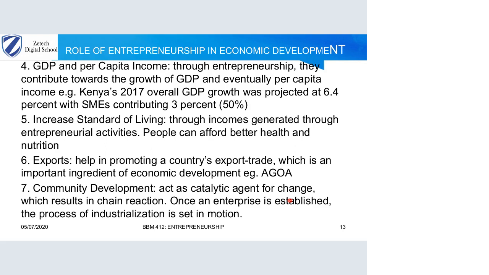Community development comes in. Yes, becoming an entrepreneur really makes a big difference in the community. If you look at a remote area, for example, out there in the village, people just continue their agrarian lives, as they say. But entrepreneurs starting up a small factory there, adding value to the products, can bring a lot of change in terms of employment creation, goods and services.